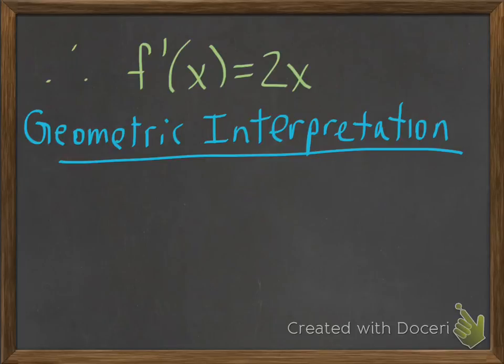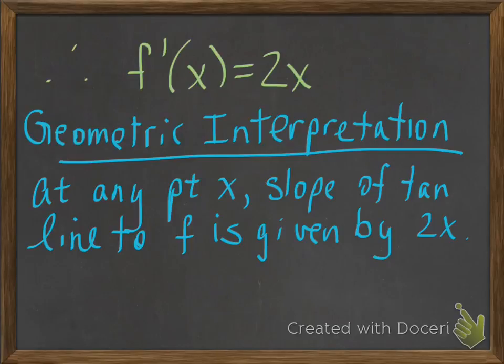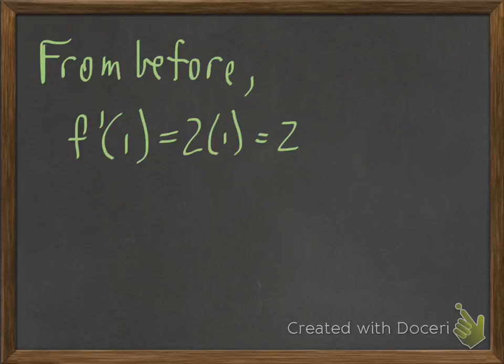Now the geometric interpretation of this function, well, think about what it should be. It's saying that at any point x, the slope of the tangent line to the function x squared minus 2 is given by the formula 2 times x. And from before, that agrees with f prime of 1. Well, it should be 2 times 1, which is 2.